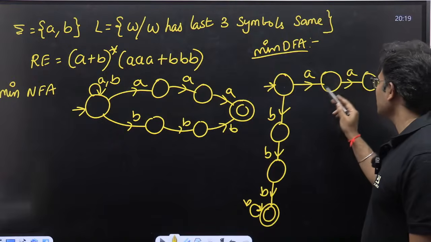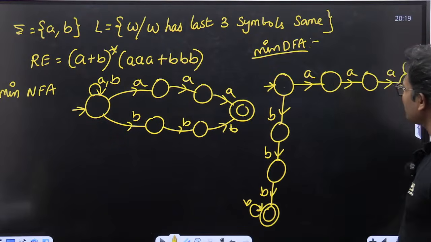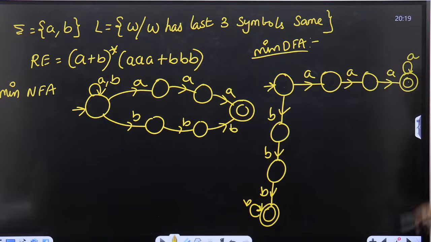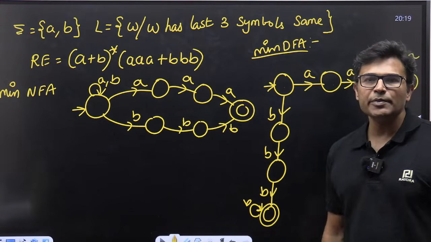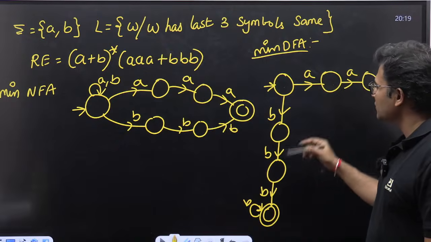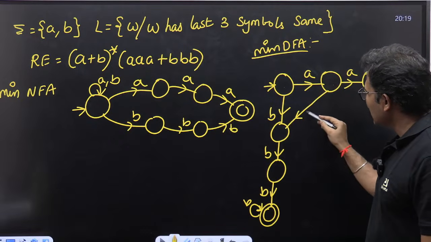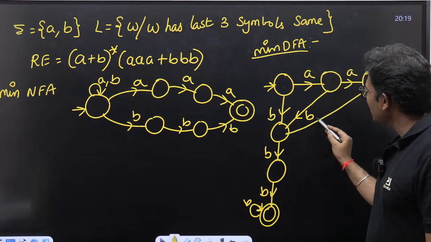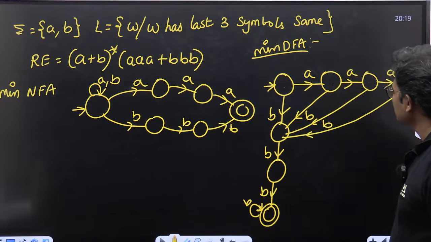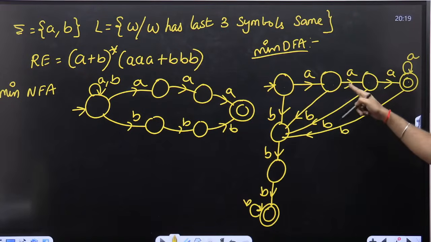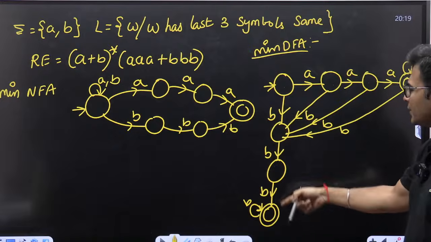A and B are set. But for this state, you didn't say what happens on B. Simple. If I get a B, let us see if it ends with BBB. If I get B anywhere, I have to see whether it is ending with BBB.